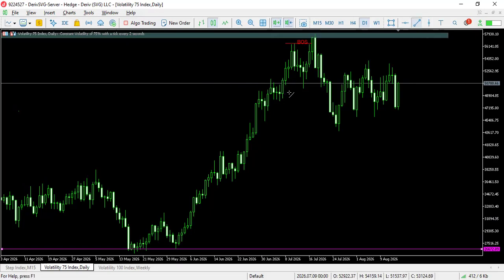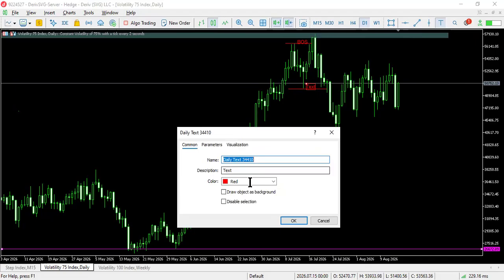And then we have this change of character to indicate this bullish trend is over.